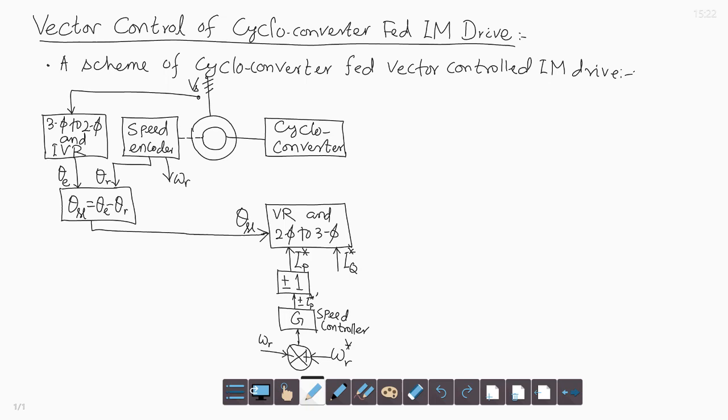Then this is the polarity reverser, which multiplies plus 1 or minus 1 to generate IQ star, and IQ star is kept at 0 or any value. So from the speed encoder, we get the signal for the polarity reverser.